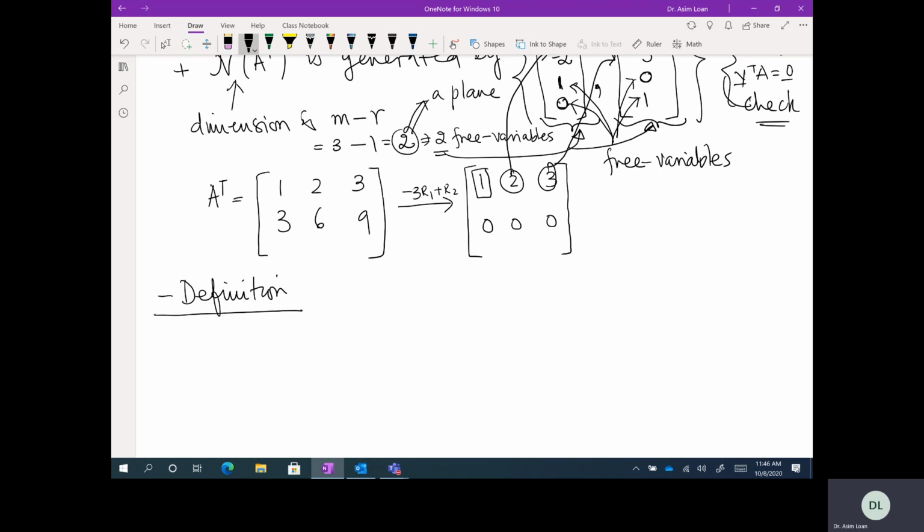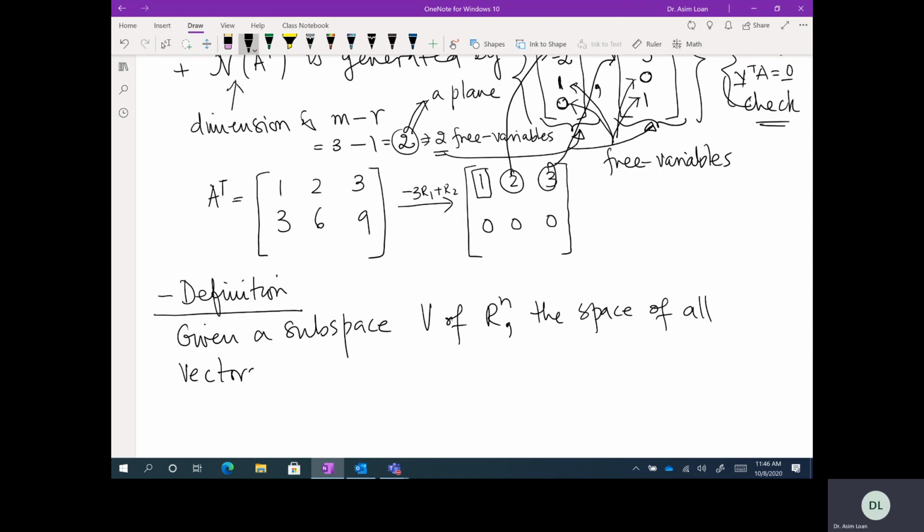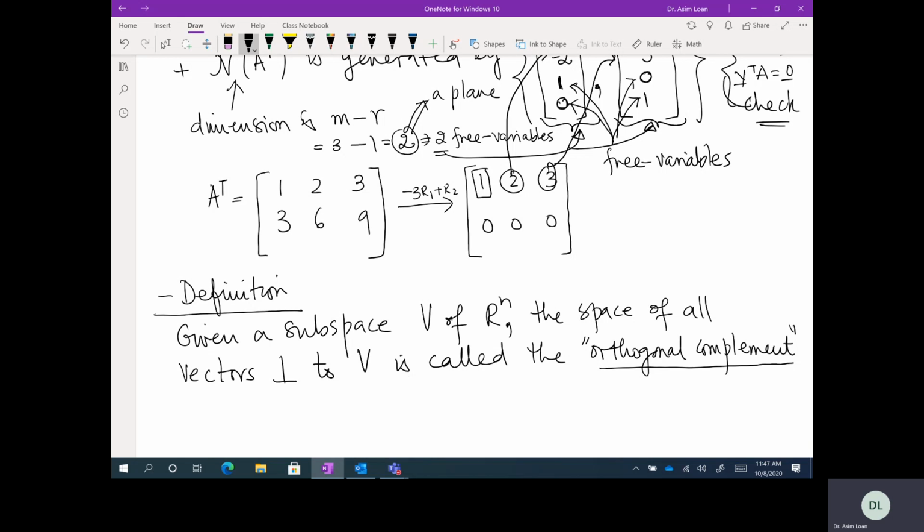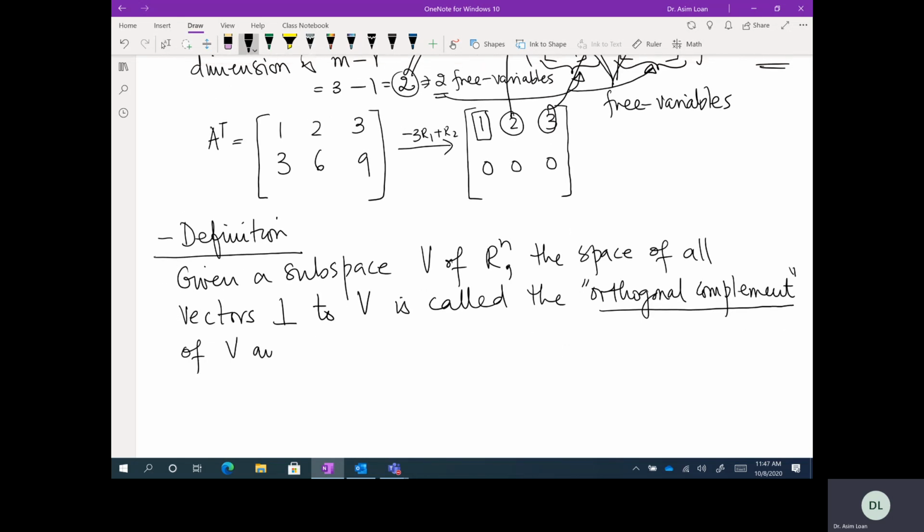So we say, given a subspace V of Rn, the space of all vectors orthogonal to V is called the orthogonal complement of V, and is denoted by V perp.